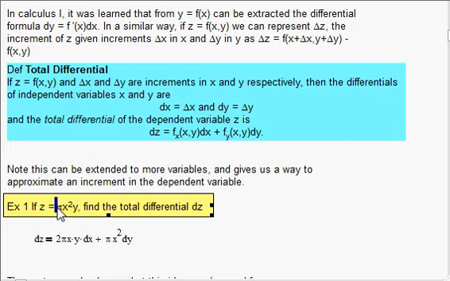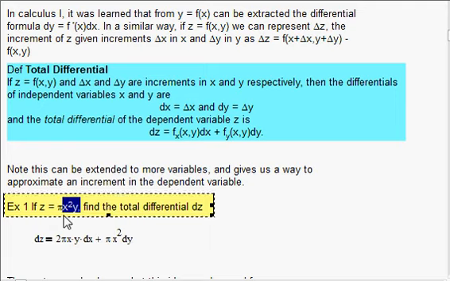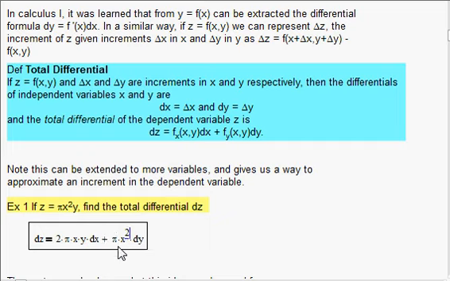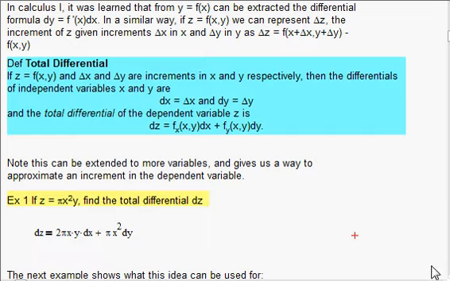So the partial derivative of this with respect to x, since pi and y are constants, would be just 2 pi xy, times dx, the differential. And the partial derivative with respect to y, the pi x squared is constant, so it's plus pi x squared times dy, the differential with respect to y. So that's the total differential dz.